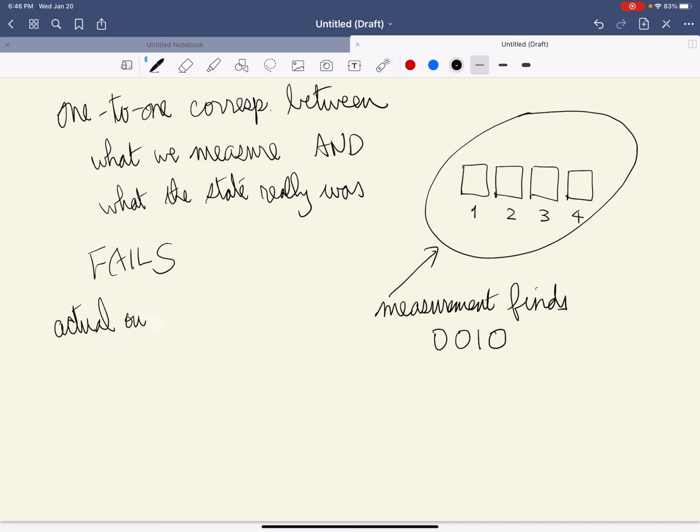Actual outcome of measurement is classical.